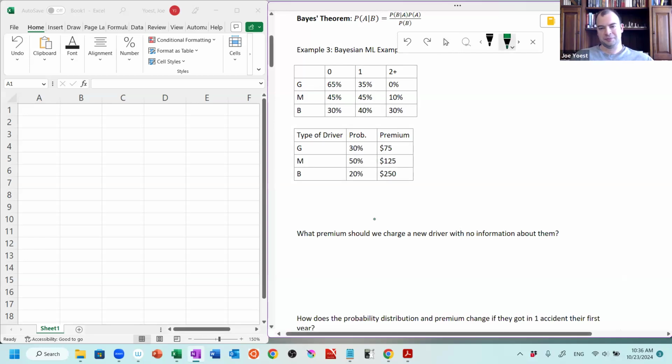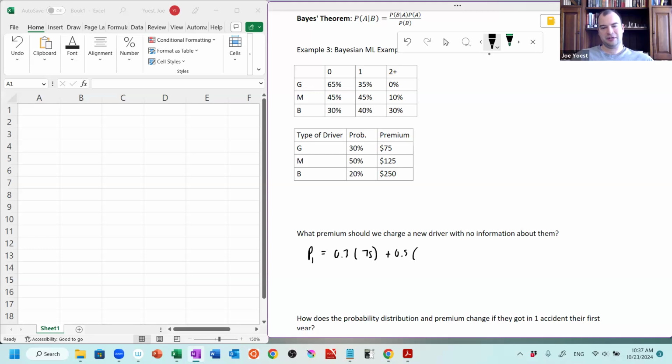My premium, I'll call it premium 1, P1, premium for year 1, is going to be 0.3 times $75 plus 0.5 times 125 plus 0.2 times 250.